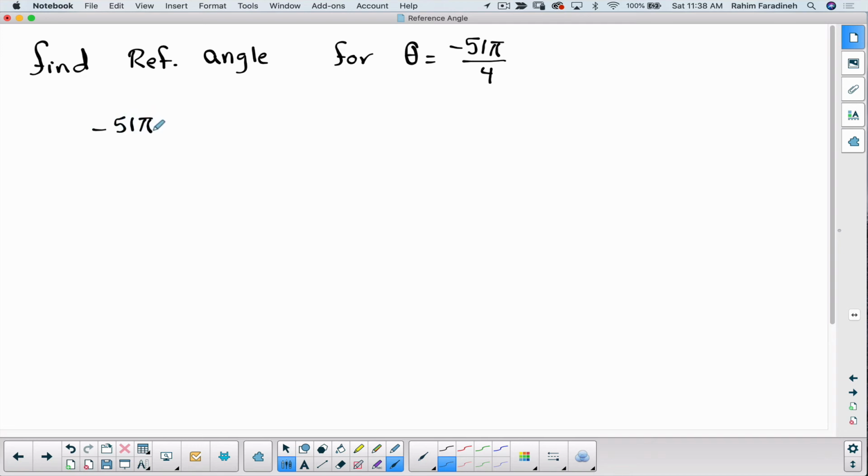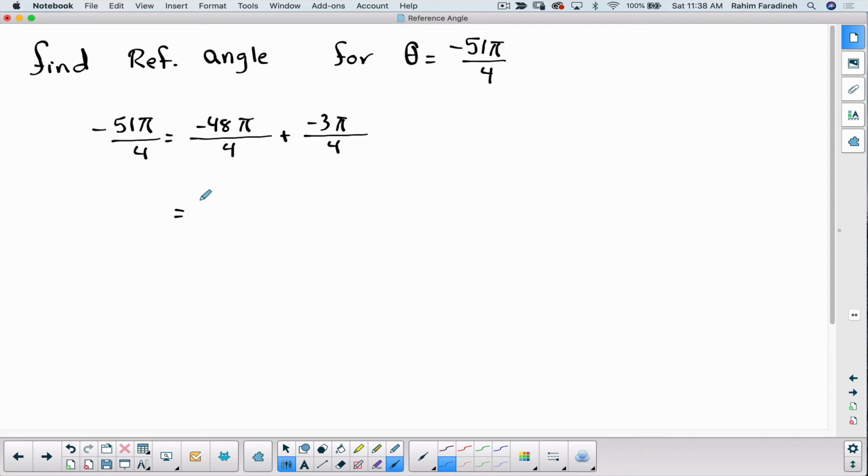Negative 51 pi over 4 is negative 48 pi over 4 plus negative 3 pi over 4.